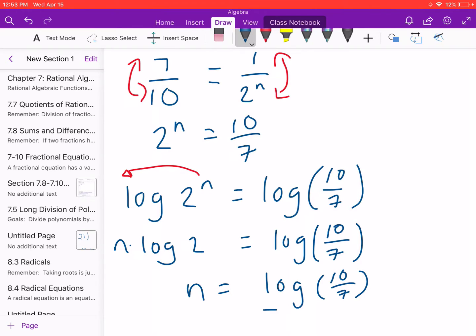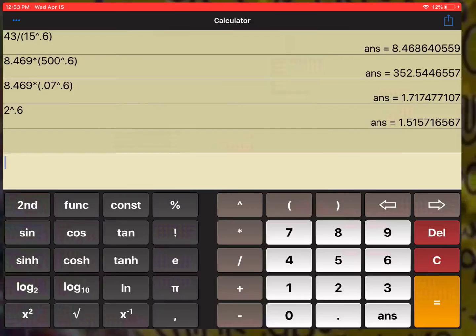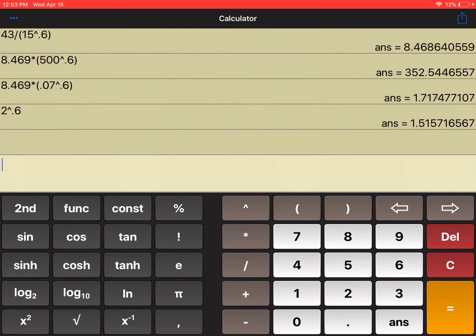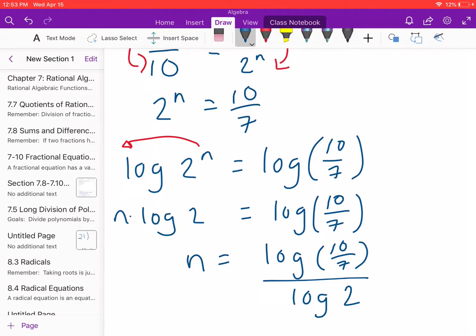Remember, we can go ahead and pull that exponent over in front. So that can be rewritten as n times the log of 2 equals the log of 10 over 7. And now I can divide both sides by the log of 2. And I have my n on this side, and that's equal to the log of 10 over 7 all over the log of 2.